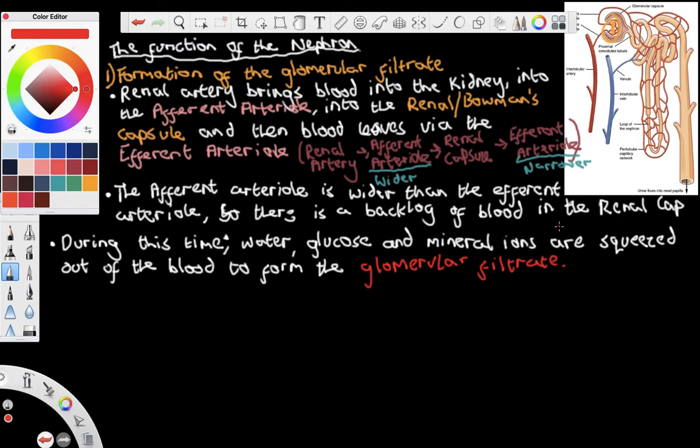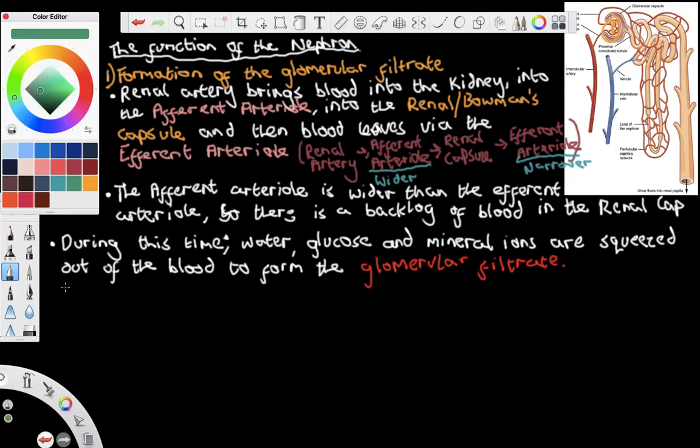Now I'm recording it. So in this Bowman's capsule, blood moves into it through the renal artery and the afferent arteriole. The efferent arteriole is narrower, so blood gets stuck in the renal capsule. While the blood is stuck in the renal capsule, molecules such as glucose, water, and mineral ions are squeezed out to form what's known as the glomerular filtrate. Okay? Blood cells and proteins are far too big, so they are unable to pass into the glomerular filtrate.